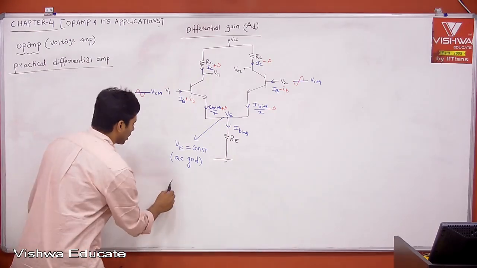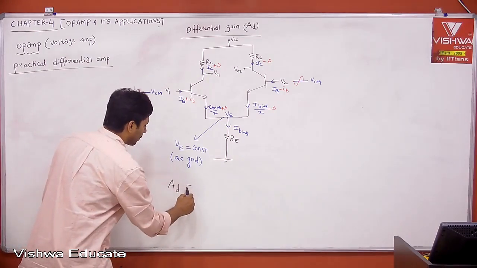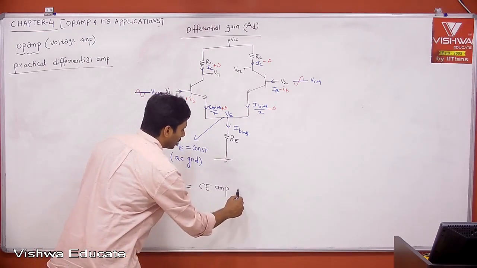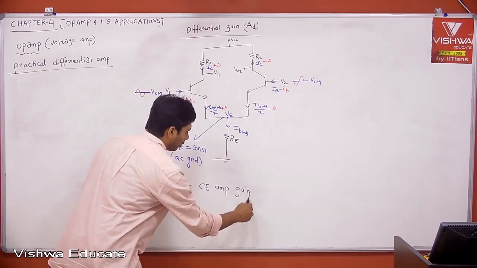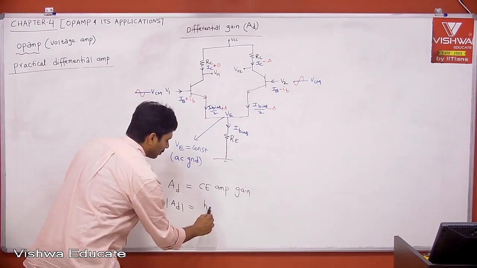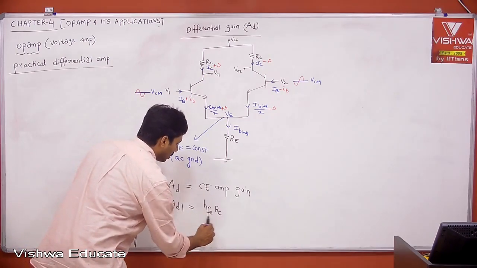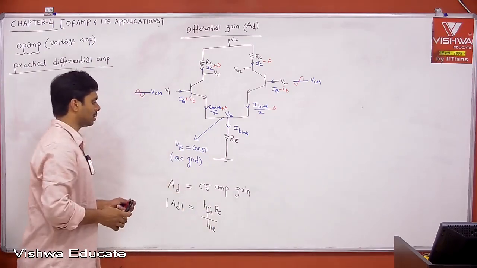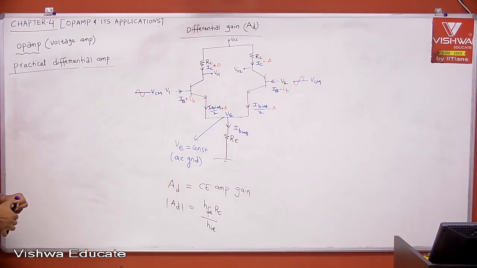Therefore, for this, the differential gain AD is equal to your CE amplifier gain. Therefore, mod AD is equal to HFE into RC divided by HIE, or this is GM into RC. This is our differential gain.